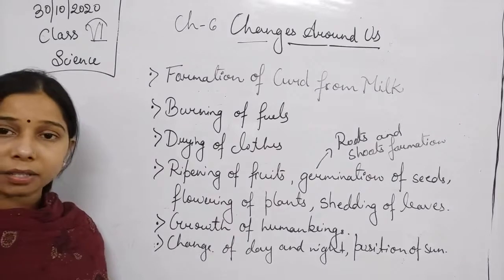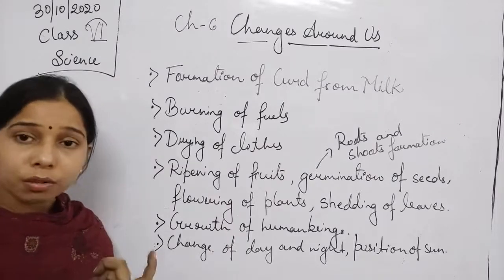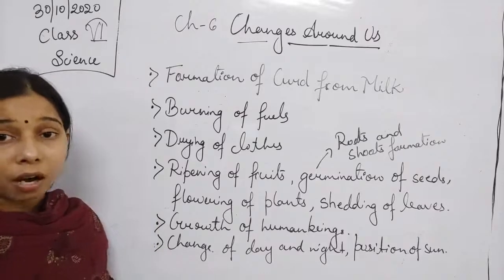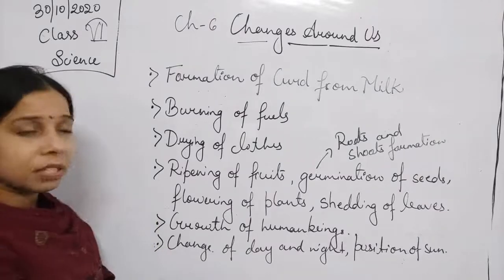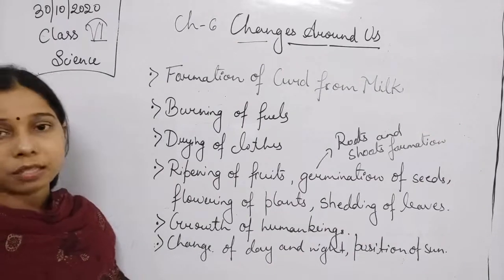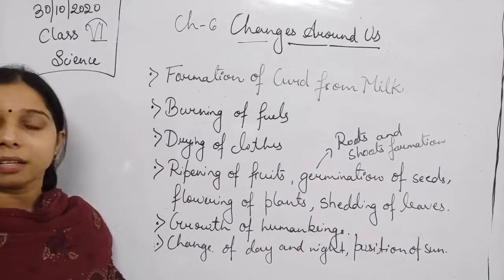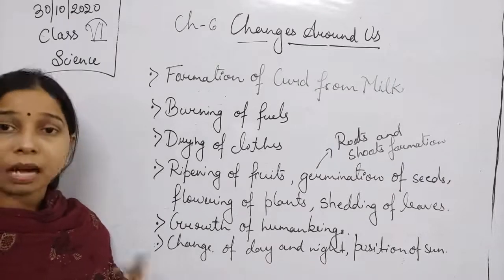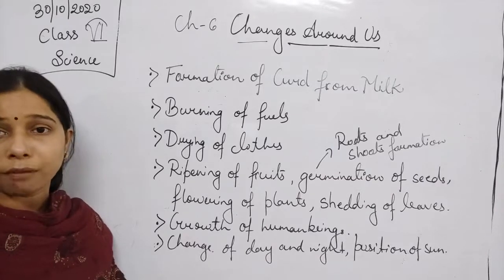Change of day and night, students, occurs due to the rotation of the earth, but this change occurs every time. Even you can say change in the season is also a change. Winter season, then summer season, then rainy season, autumn is there. So you see, students, that is also a change in the property of the atmosphere.